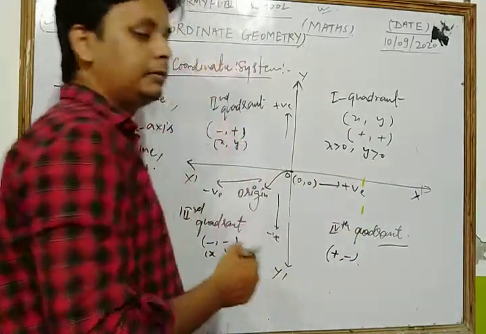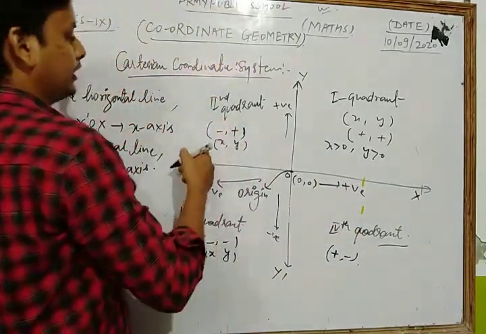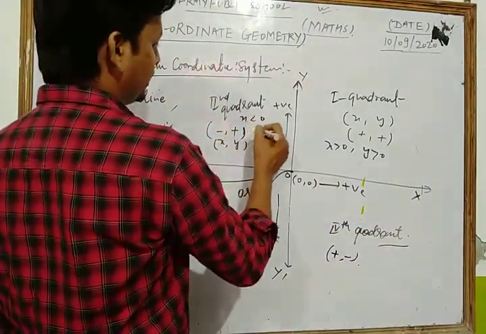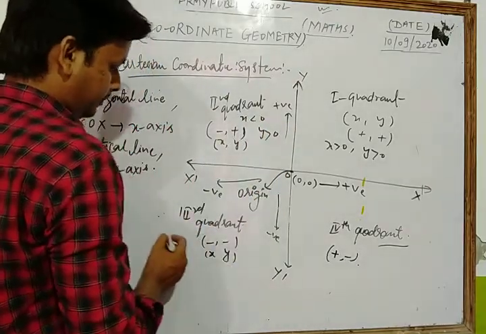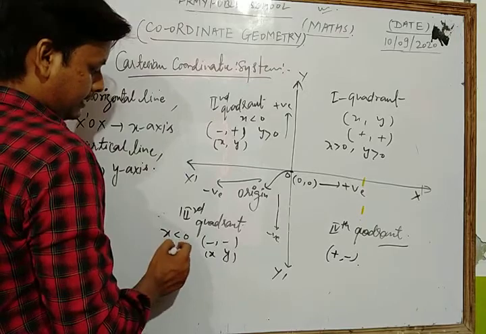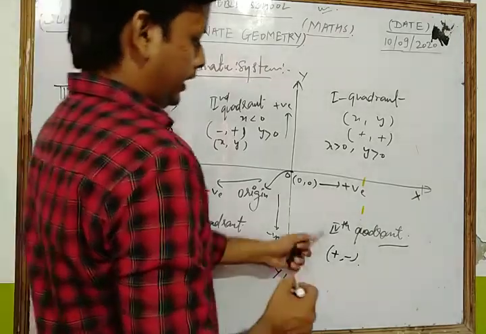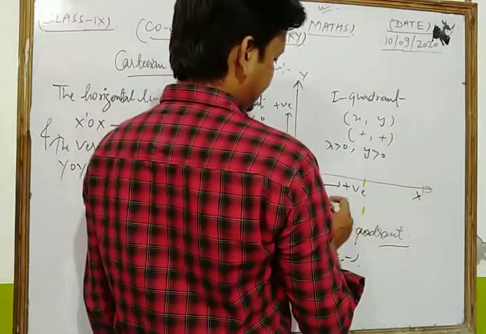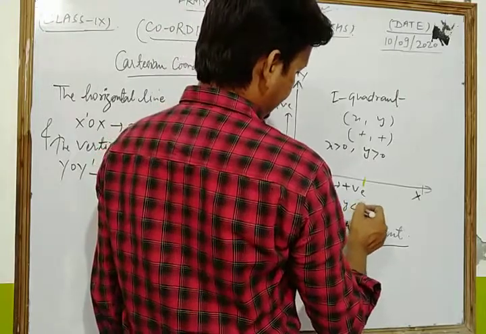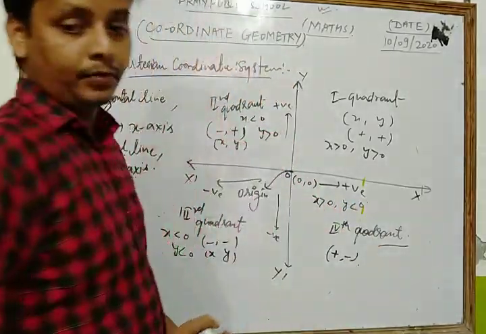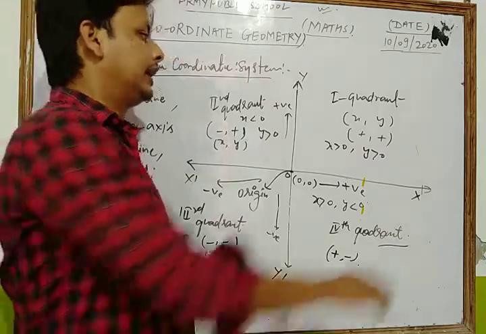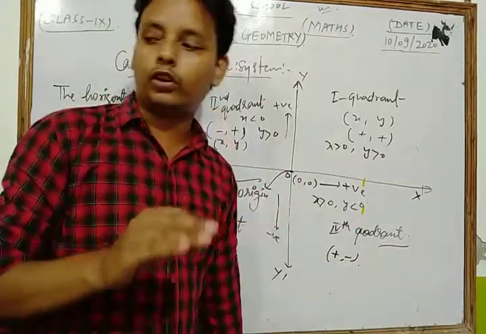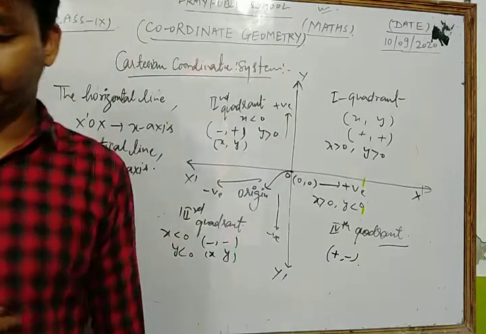In the second quadrant, x is less than 0 but y is greater than 0. In the third quadrant, both x and y are less than 0. In the fourth quadrant, x is greater than 0 but y is less than 0. All these points are very important for you.